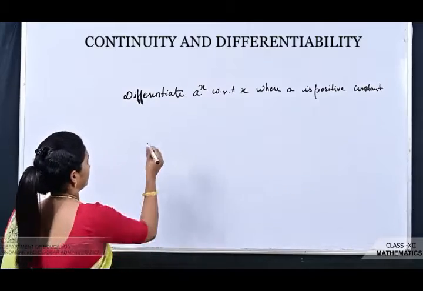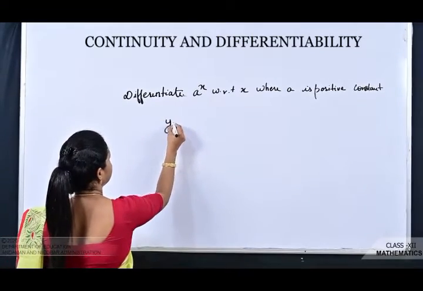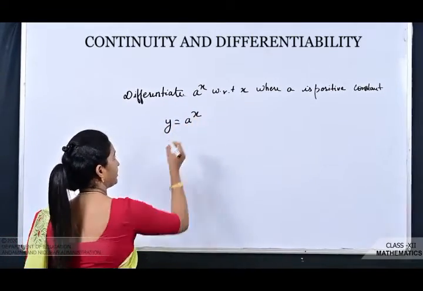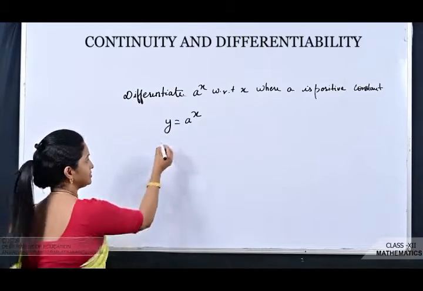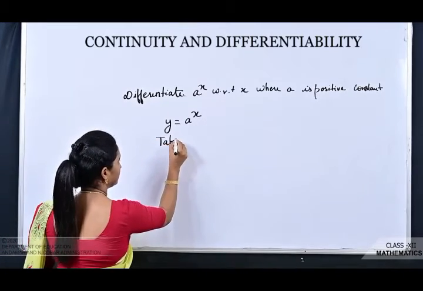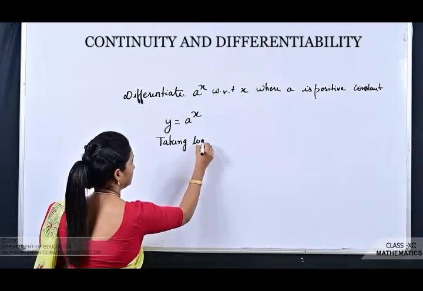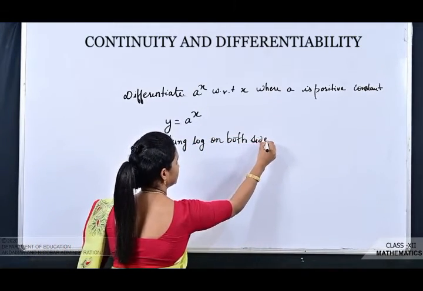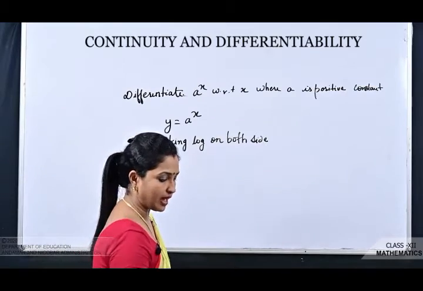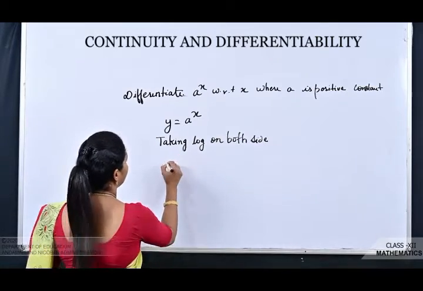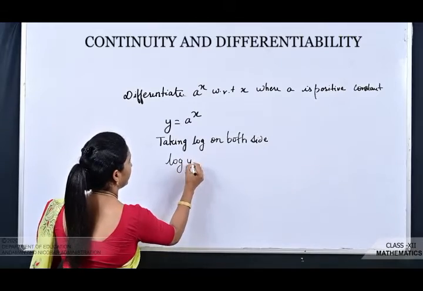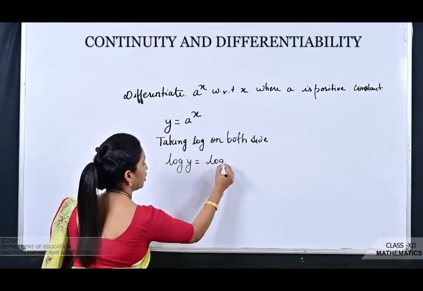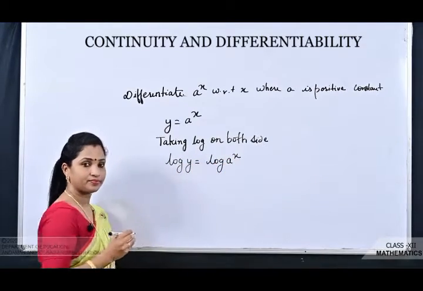Now we will start with, let y is equal to a to the power x. Next is taking log on both sides. We can see that log y is equal to log a to the power x.